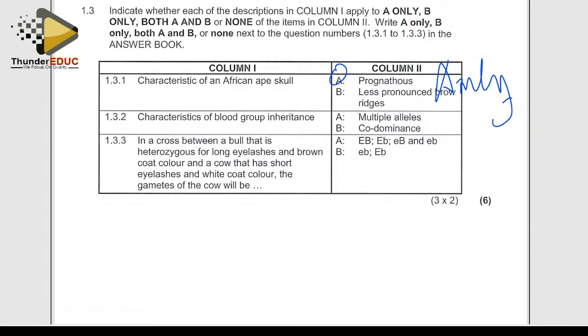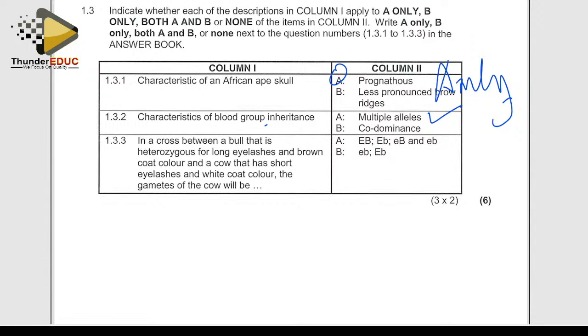Characteristics of blood group inheritance. So what are they saying here? Multiple alleles. Yes, it is multiple alleles. And then not all the blood groups are codominant. They're not saying "blood groups", meaning it could be that one blood group.